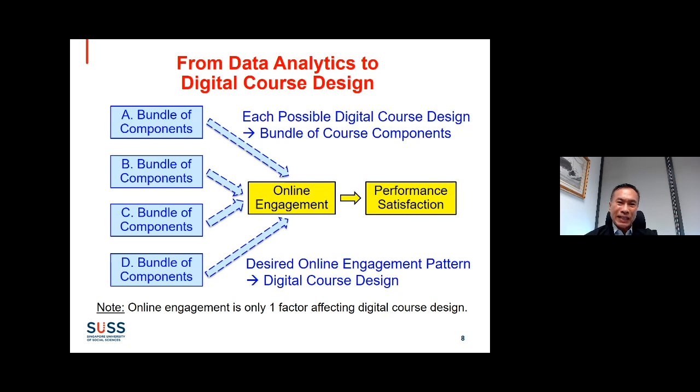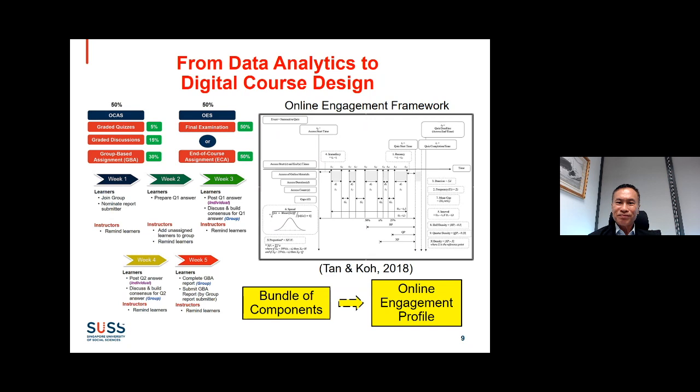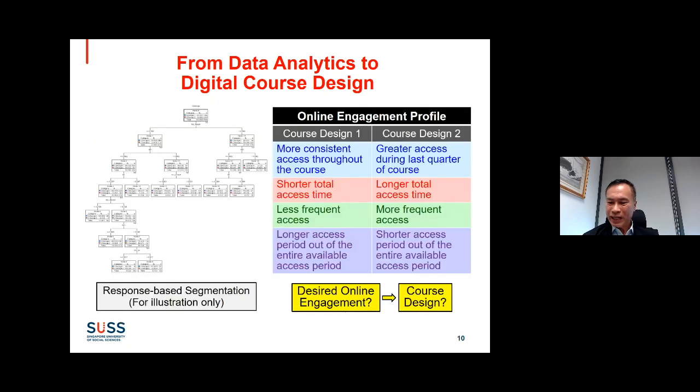Then when the courses are presented, data will be generated in the learning management system. Analyze the data to see what kind of online engagement profile is associated with the different bundles of components. Then decide which online engagement profile you desire for this particular course. Once you have decided on that, it will give you a pretty good idea of how you should design your digital course. Right? So that's where we are now.